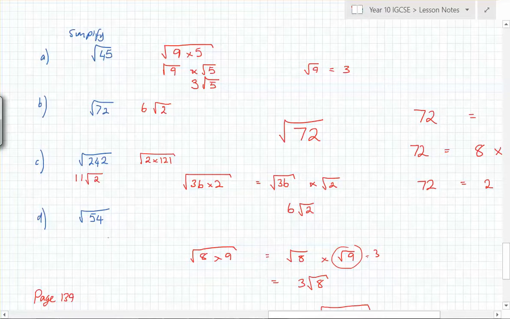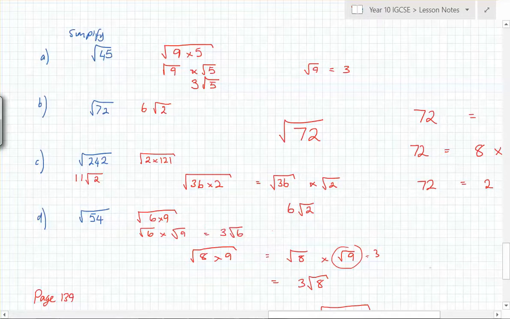Because 11 times 11 is 121. Exactly. Root 54 becomes root 6 times 6 times 9. So that becomes root 6 times root 9 becomes 3 root 6.